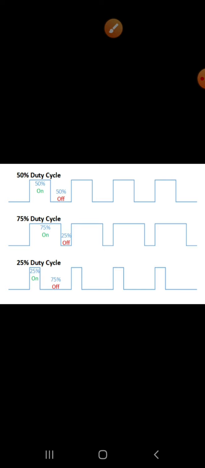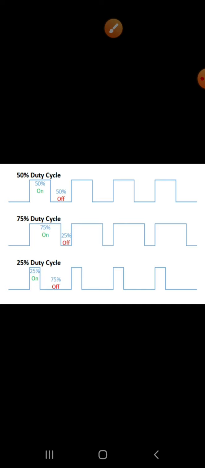When a digital signal is on half of the time and off the other half of the time, the digital signal has a duty cycle of 50%. See the diagram.